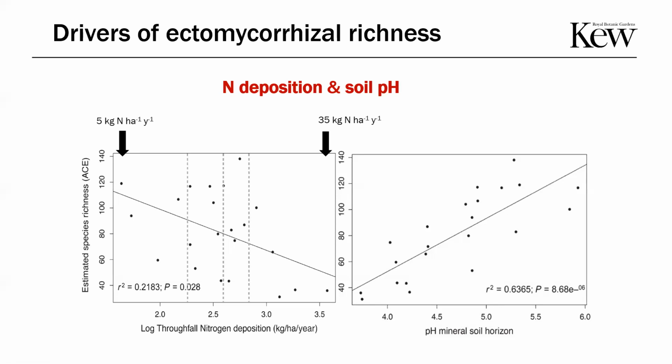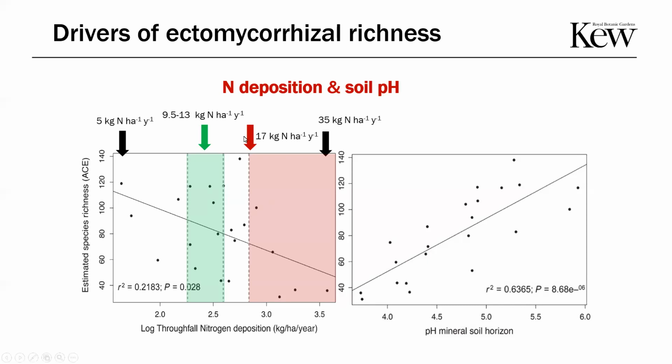Usually soil acidification can be linked to nitrogen deposition. We found that at sites where the pH was very low, we would find a lower number of taxa. And interestingly, we found that there were certain thresholds of nitrogen deposition where we could start to see moderate changes in these communities, between 9.5 and 13 kilograms per hectare and year.